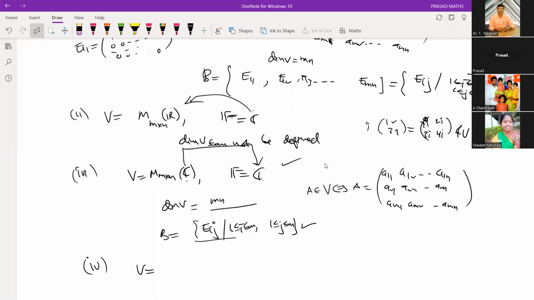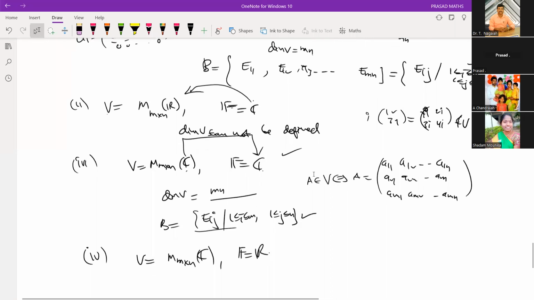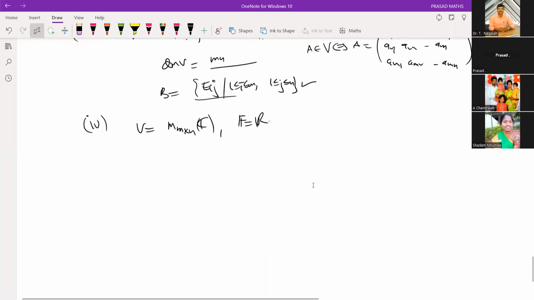Suppose V is the set of matrices over the real field. What is the dimension? What is the basis? Again, the entries are complex scalars, but the field elements are real scalars. Again, there is a problem, right?